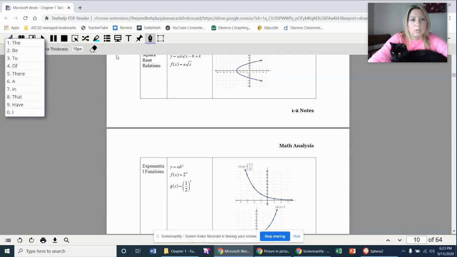Weird. We'll just go to highlighting, right?